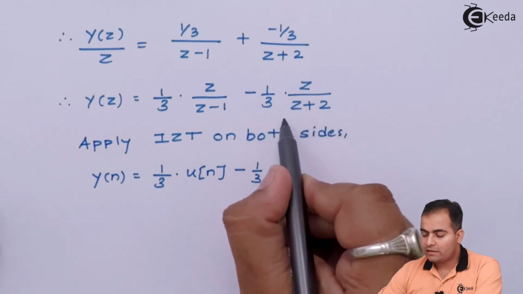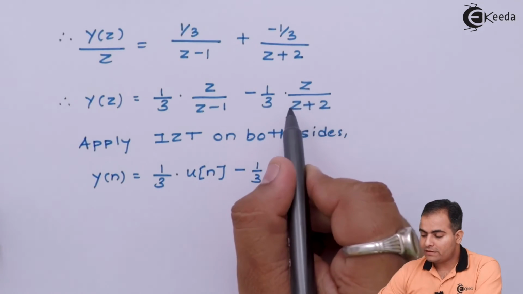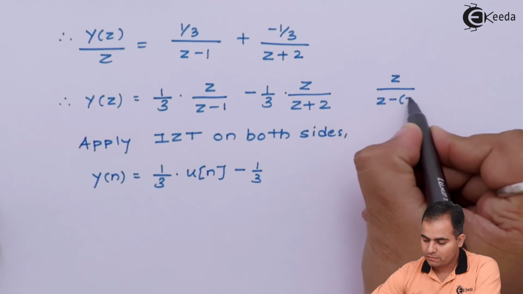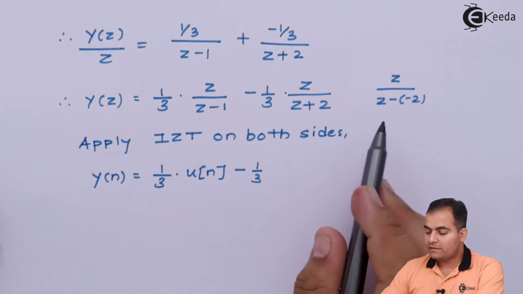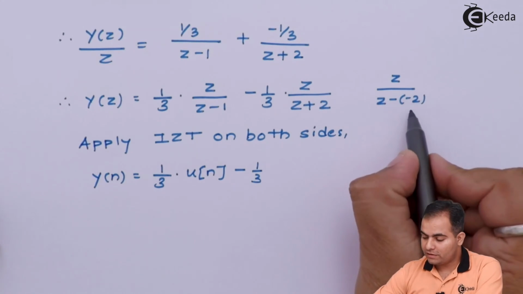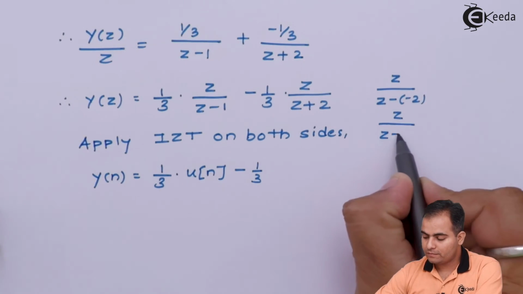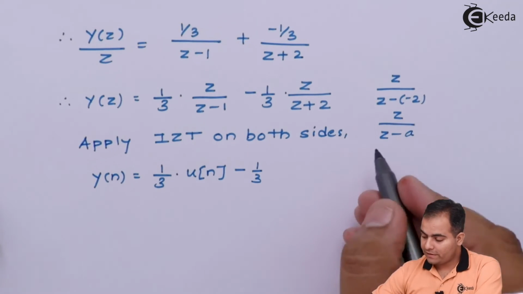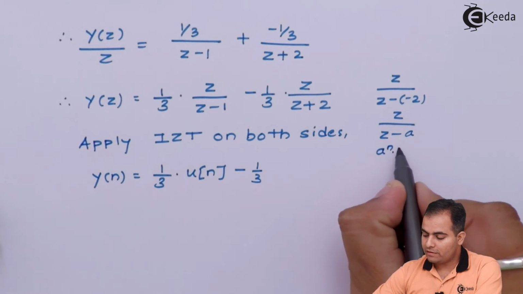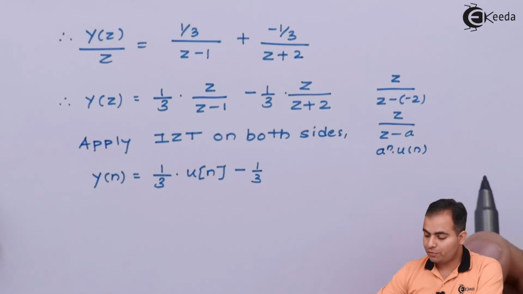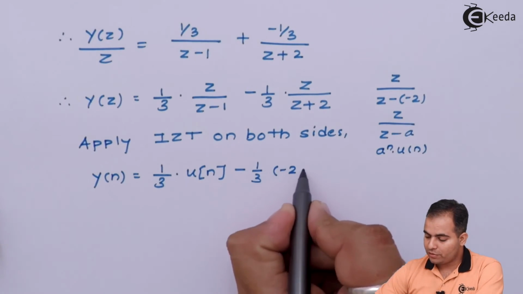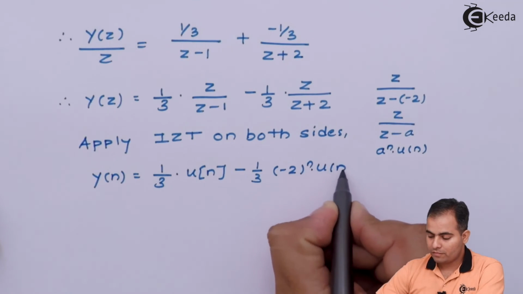As I said in the last part also, we can represent this as z upon z minus of minus 2. This is in the form of z upon z minus a, and we know from the time scaling property of the z transform that this is nothing but a raised to n u of n. So my a value is minus 2, so I'm going to write minus 2 raised to n into u of n.